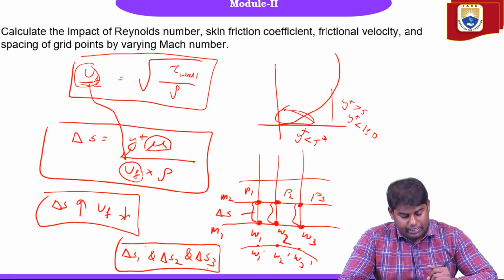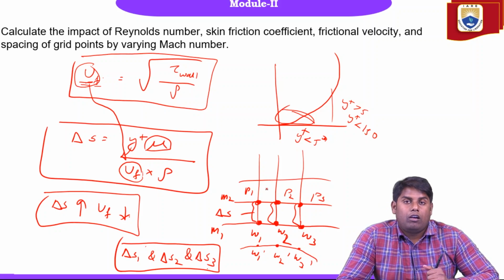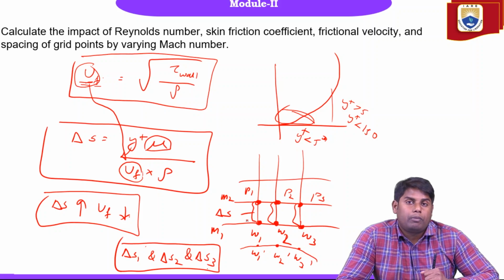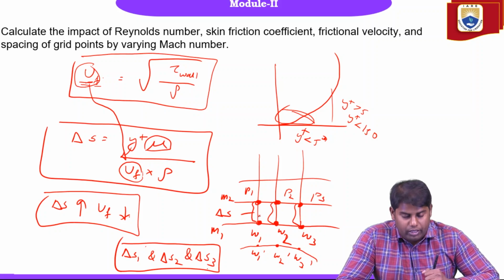But previously, when we have the flat plate without any curvature, when it is straight, the distance between line M1 and M2, where M1 represents the wall. So we take a flat plate or a curved plate, that is a solid object, which we call the wall. Between the wall and the particular point P, the distance is delta S. So we have delta S1, delta S2, delta S3.